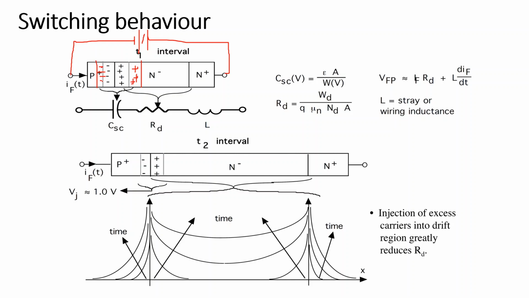Now after the reverse bias, if you make it forward biased, some forward current will flow, and this forward current will discharge these charges.